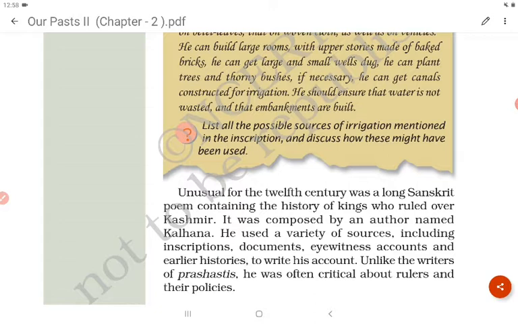He can get large and small wells dug. He can plant trees and thorny bushes. If necessary, he can get canals constructed for irrigation. He should ensure that water is not wasted and that embankments are built. List all the possible sources of irrigation mentioned in the inscription and discuss how these might have been used.